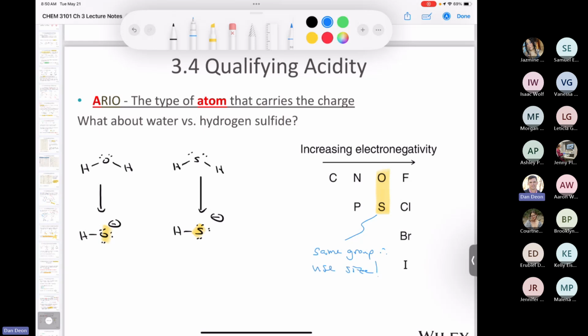And sulfur is larger, so we'll put here larger, therefore better at stabilizing negative charge. So that means that this is a more stable base. So more stable, it has greater stability.